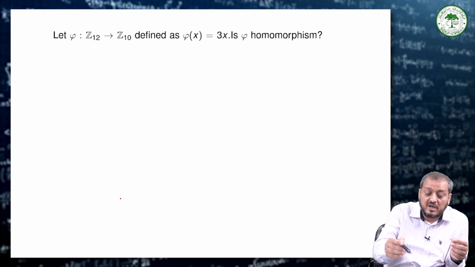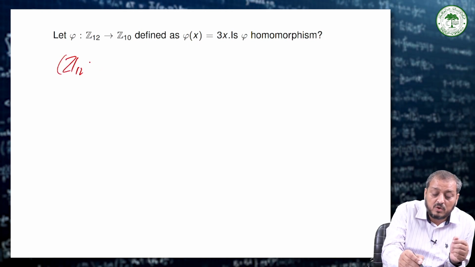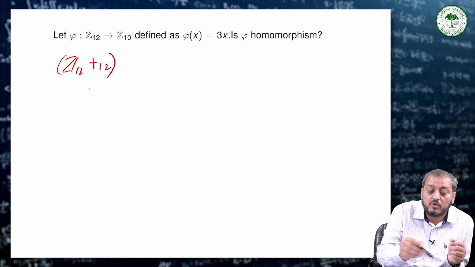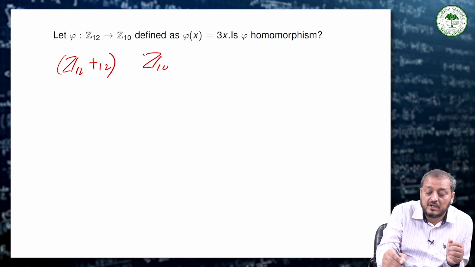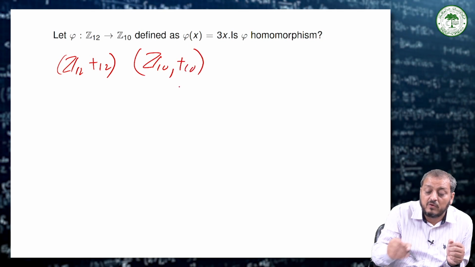Okay, so now I take one more example. We have Z12, which under addition modulo 12 is a group, and we take Z10, which under modulo 10 is a group.